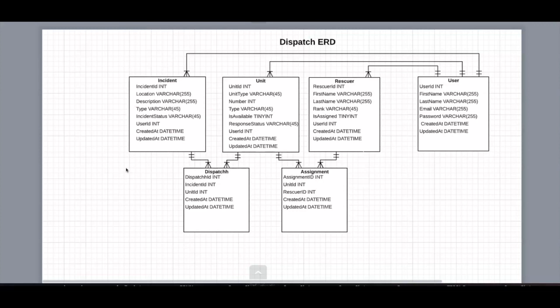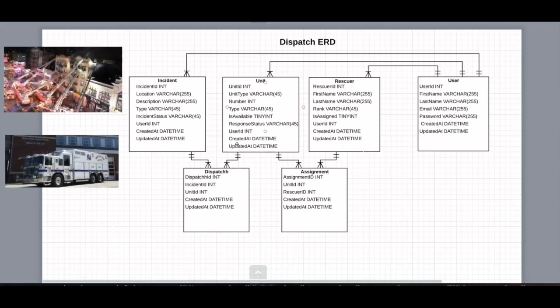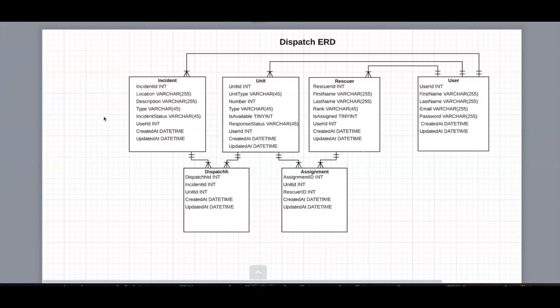As you can see here, I have a many-to-many relationship between incident and unit. Why? Well, a given incident, like say a fire or a car accident, can have multiple units assigned to it. Several fire trucks, a few ambulances, a rescue squad. And although a given unit can only be on one incident at a time, right?